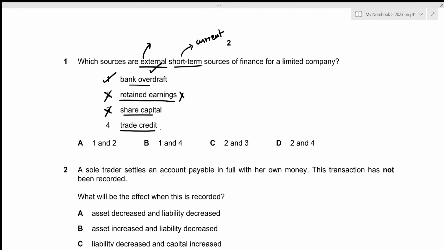So that definitely qualifies as the external sources of finance. And regarding short term, since this is related to trade payables, which will be classified as current liabilities, it means that it will have to be repaid within the next year. So this also is a short-term source of finance. So the correct answer that we're looking for is 1 and 4, which is given in option B.